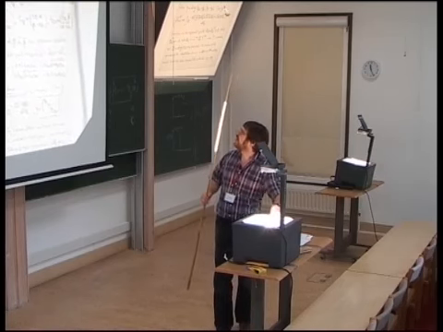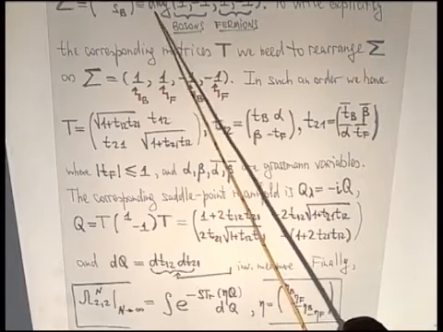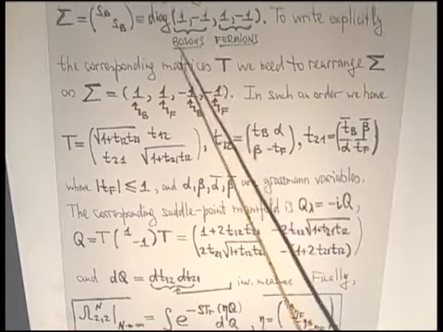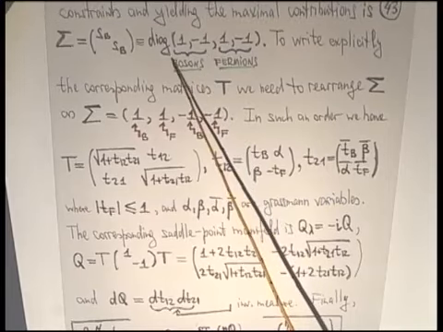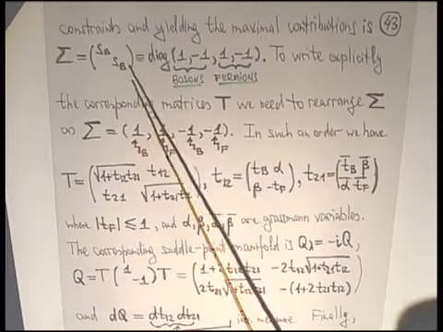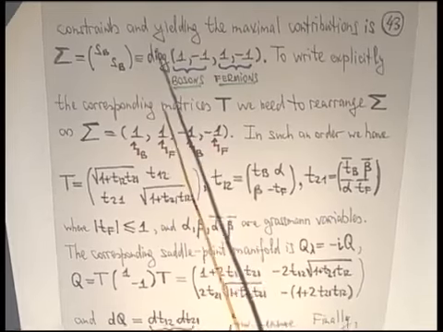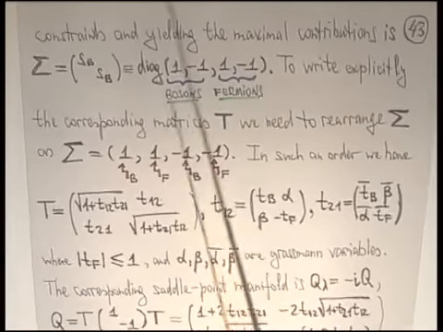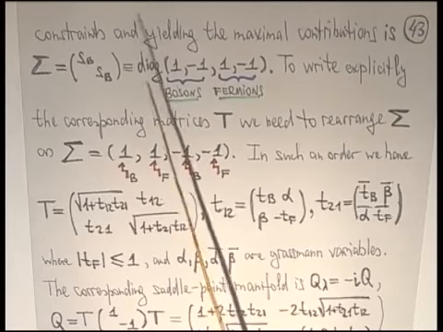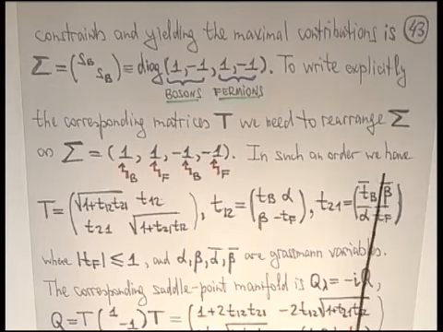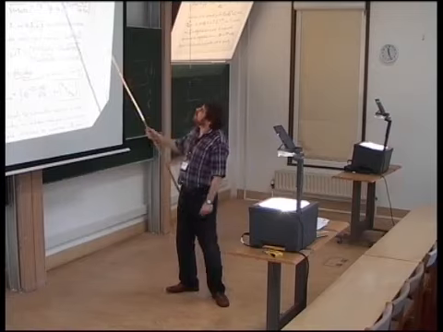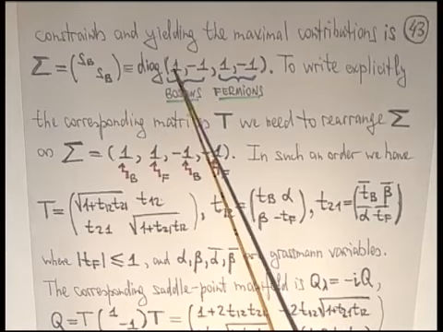The matrix sigma is the same as our matrix S, and explicitly it's diagonal 1, minus 1. This is a supermatrix, so it has boson-boson and fermion-fermion blocks, and the boson-fermion and fermion-boson blocks are 0.